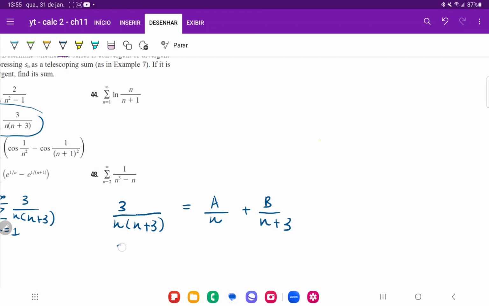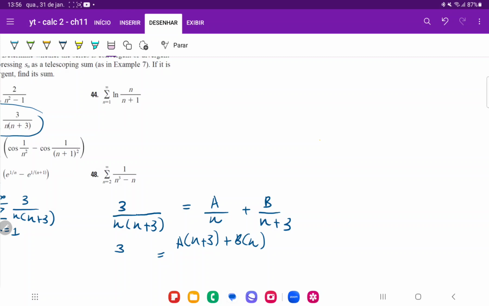So if we were to join this into a single fraction, they would have the common denominator, which would be n times (n + 3), and then you would multiply a by (n + 3), plus b times n. So once we've joined these, we want to compare them to find the values of a and b. And we can see that the denominator is already equal, so we don't have to worry about it. So we can just erase that and purely focus on the numerator.